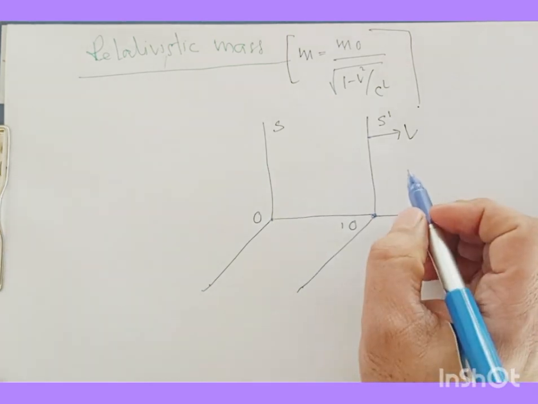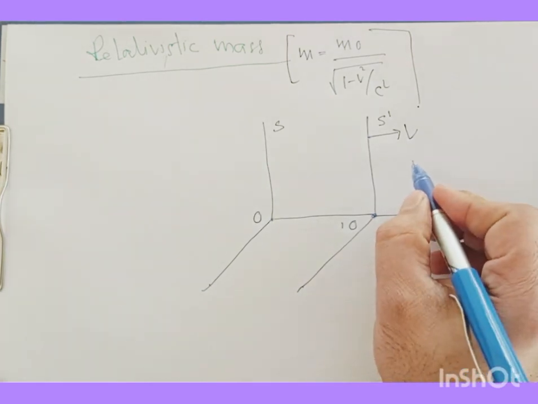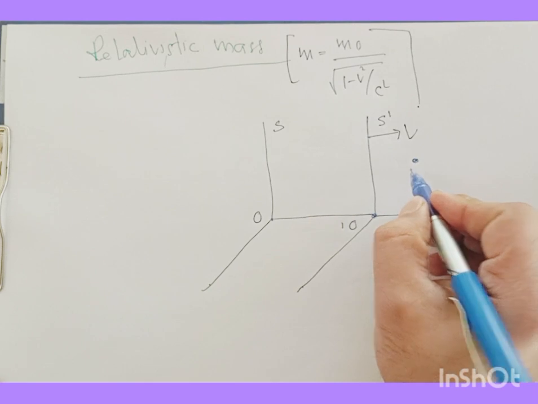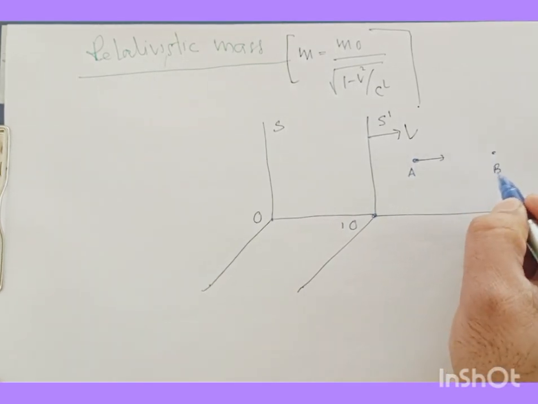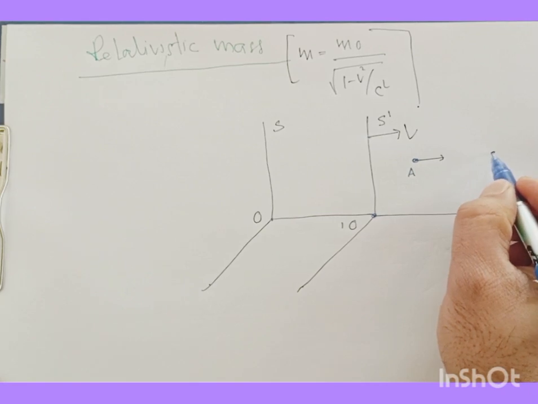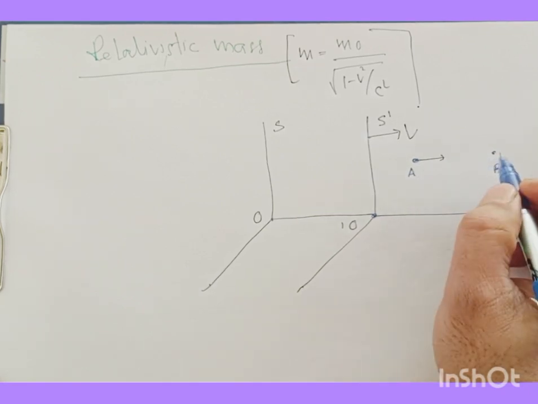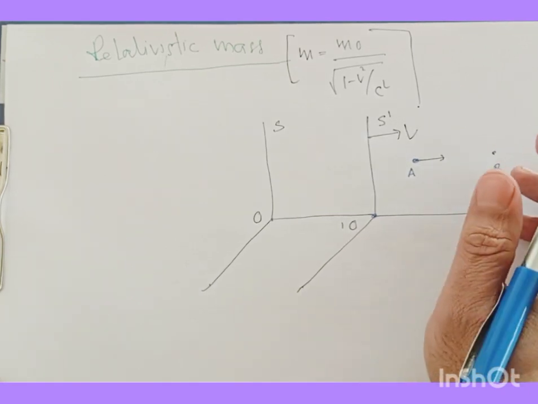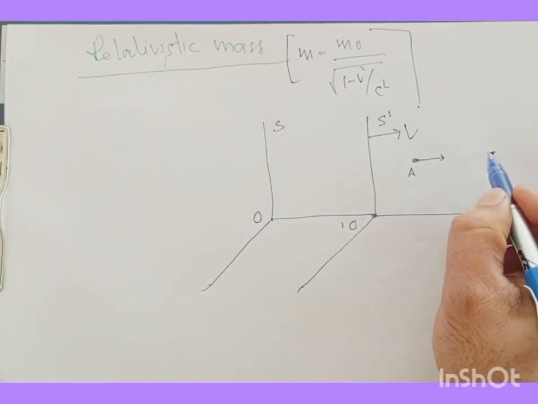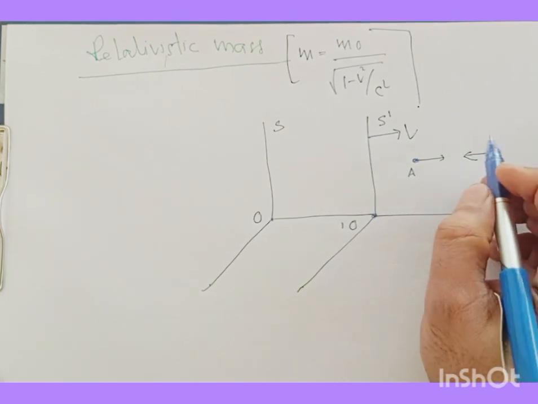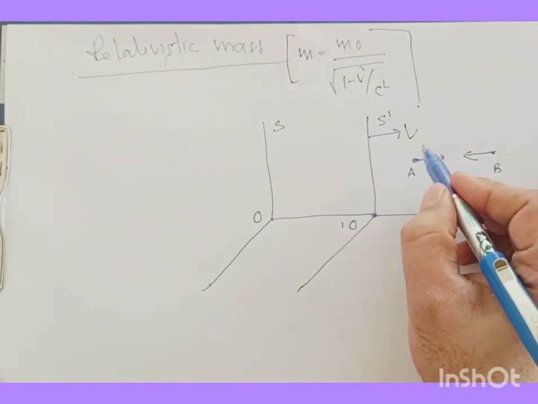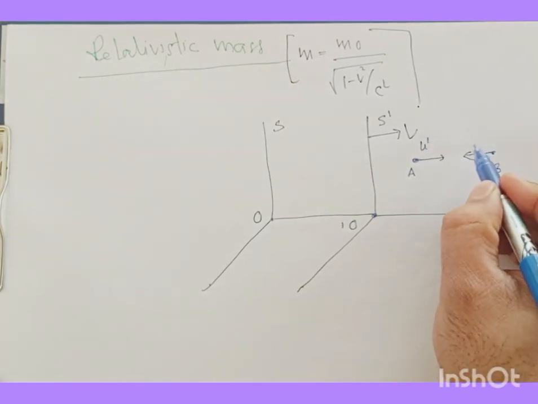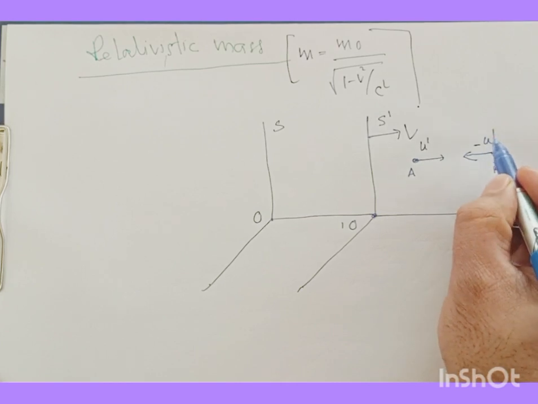And let us assume that there are two balls, say ball A and ball B. The masses of these two balls are the same. They have equal masses, and they are traveling in opposite directions, with velocities u dash and minus u dash.